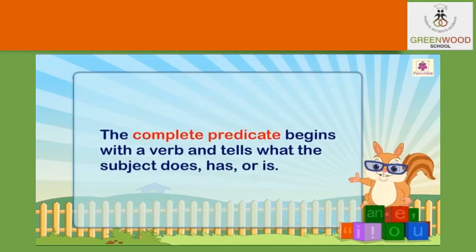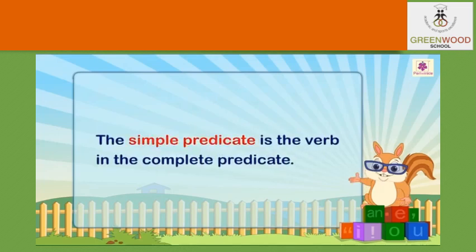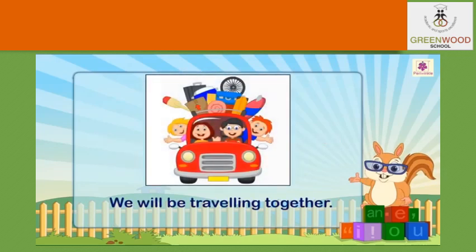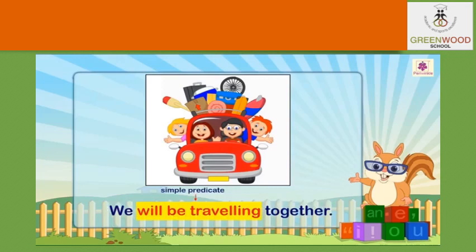The complete predicate begins with a verb and tells what the subject does, has or is. The simple predicate is the verb in the complete predicate. For example, we will be traveling together. Here the verb will be traveling is simple predicate.